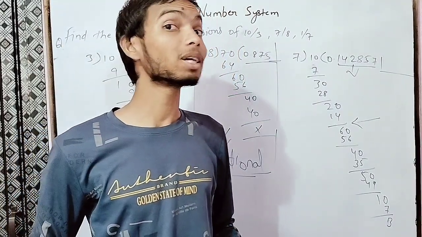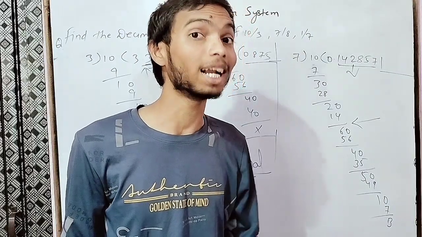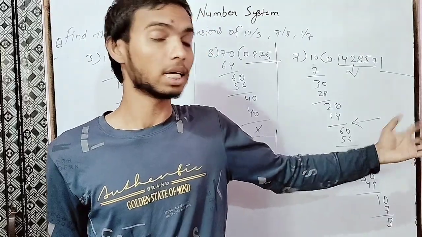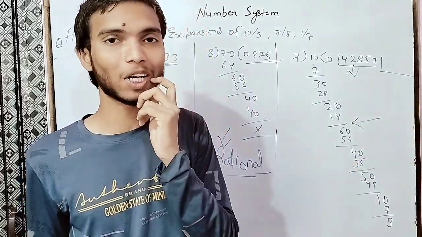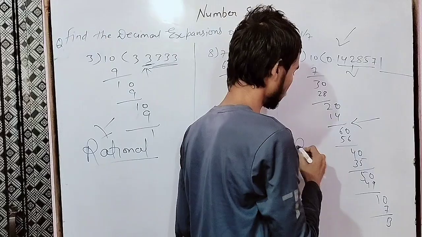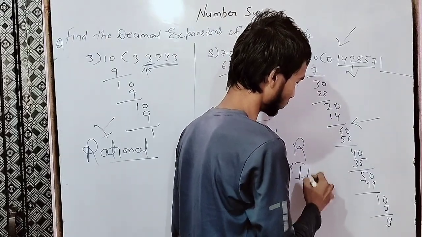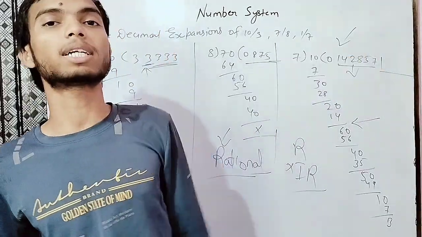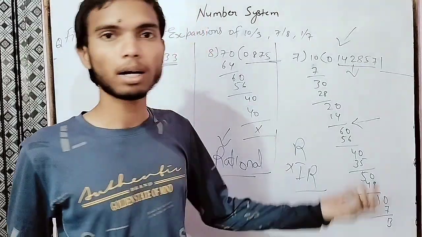When it comes to repeating, you need to make sure that there is no end in the remainder. So it will be considered rational, not irrational, because 7 upon 10 is 1 upon 7.